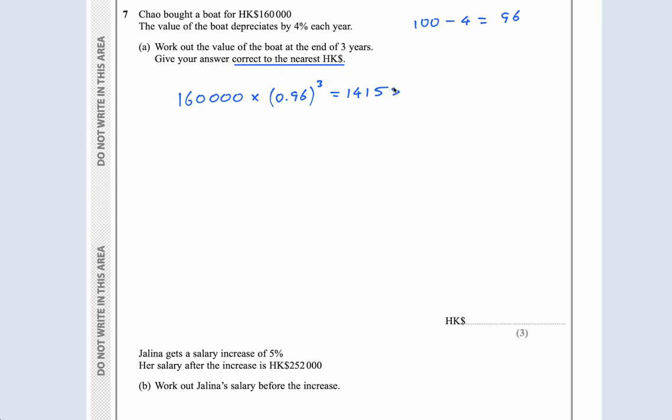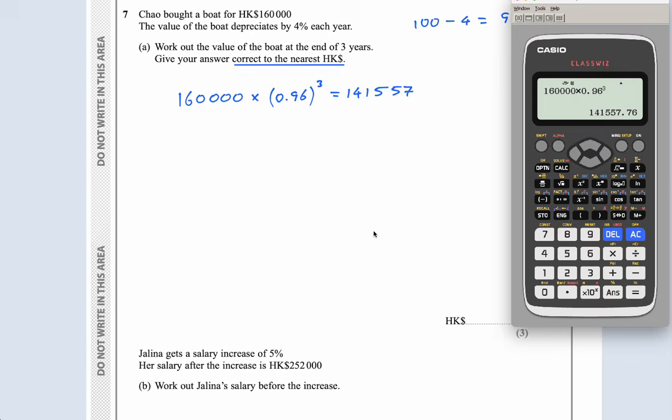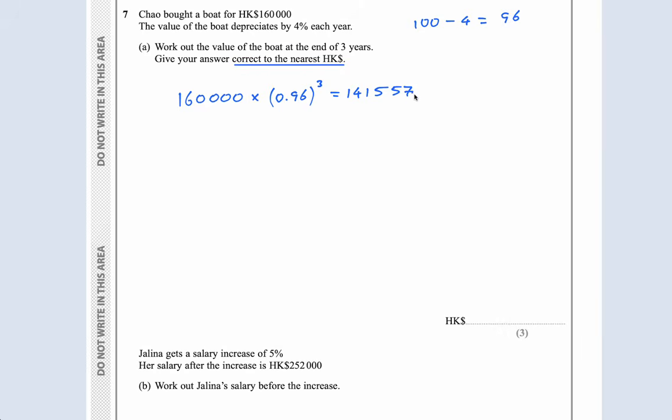Now, as I said, guys, it said correct to the nearest dollar. So if you don't put down 141,558, you won't get the full marks.